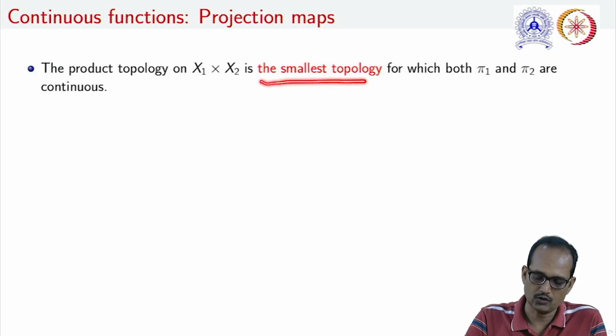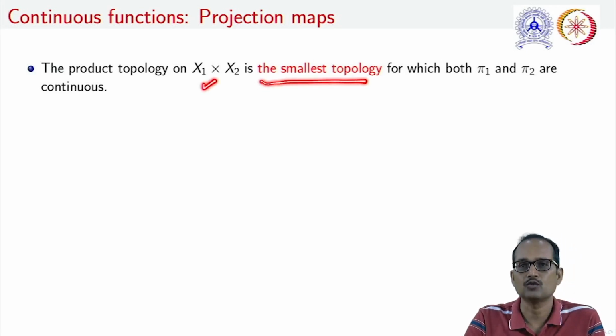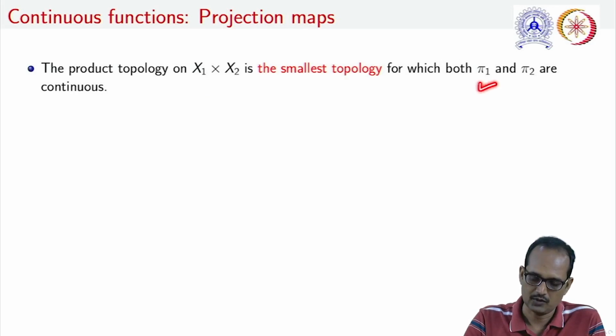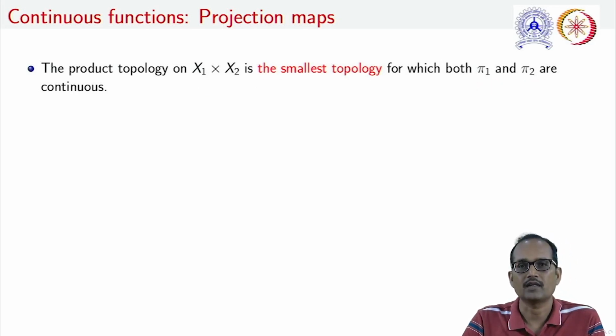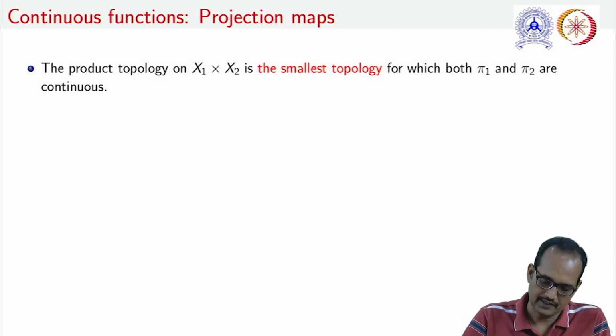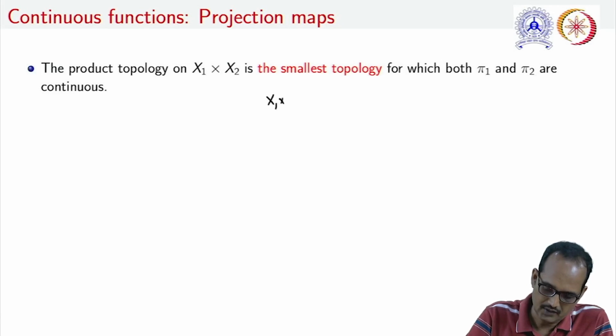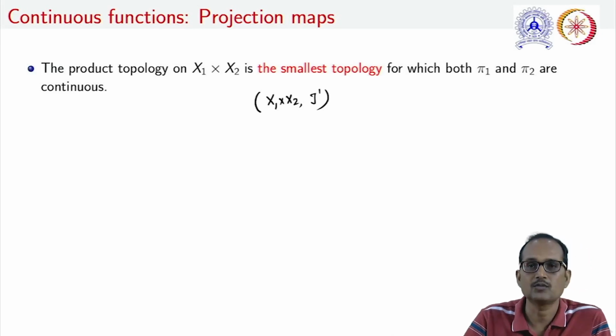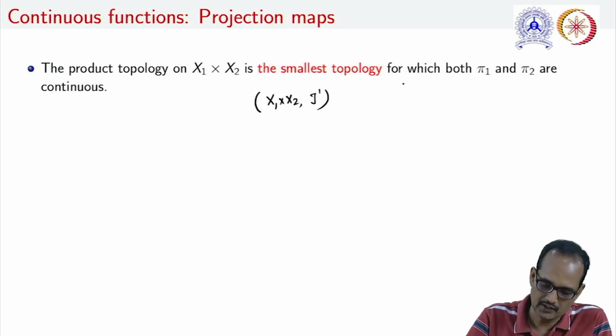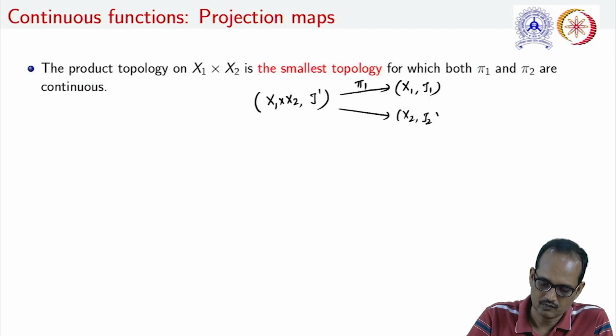Moving to the next one, an interesting fact about the product topology is that the product topology is the smallest topology on this x1 cross x2 for which the projection maps pi 1 and pi 2 are continuous. In order to justify that this product topology is the smallest topology, let us take any arbitrary topology tau dash on this Cartesian product of x1 and x2, so that the projection maps pi 1 and pi 2 both are continuous.